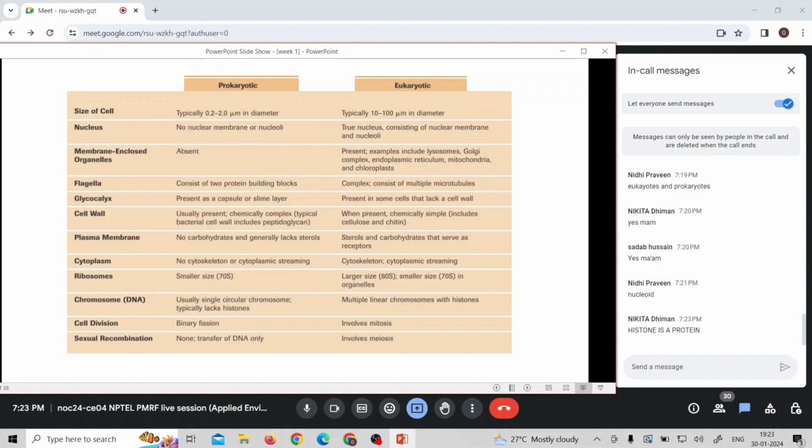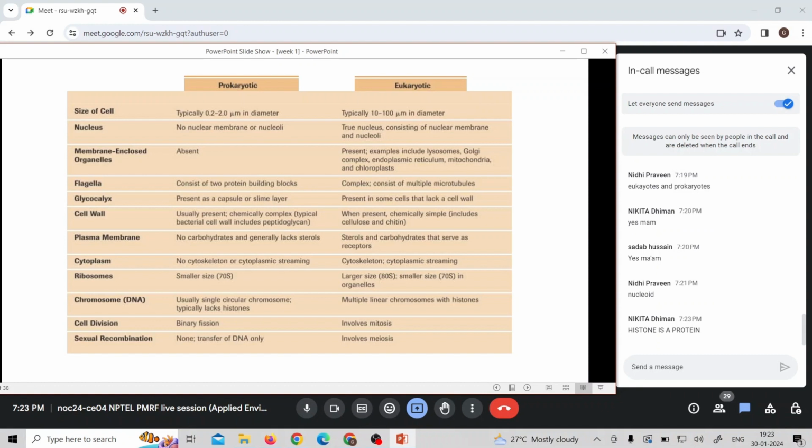So let me explain it to the people who don't know. Histone is basically a protein, as told by Nikita and the person who answered. I'm sorry, I will not be able to see a name. So histone is basically a protein. It helps to coil the DNA so that we can pack it inside a nucleus. Have you ever wondered how such a long DNA strand is just packed inside our cells? It is because they are wound over the histone protein, and hence they are comfortably packed inside the cell.